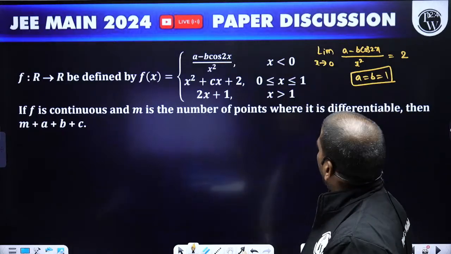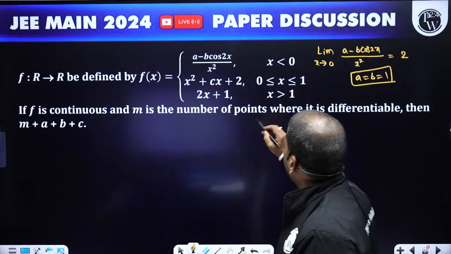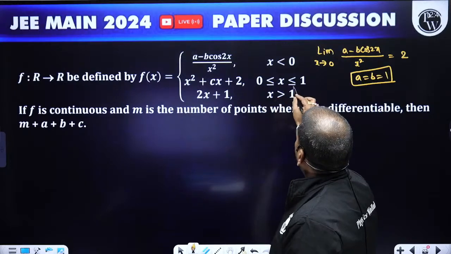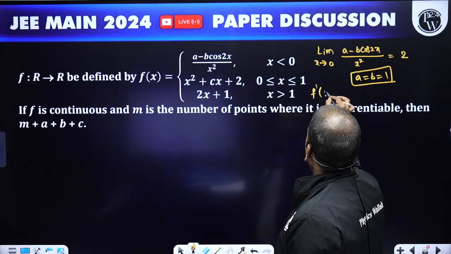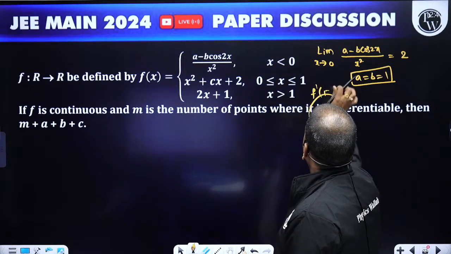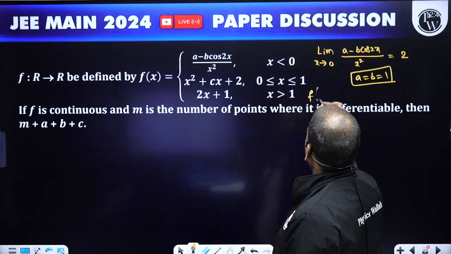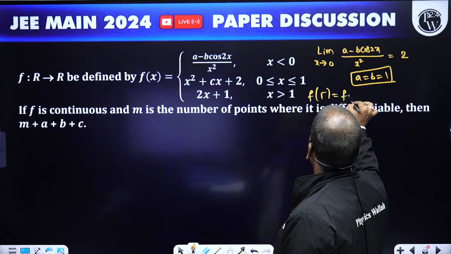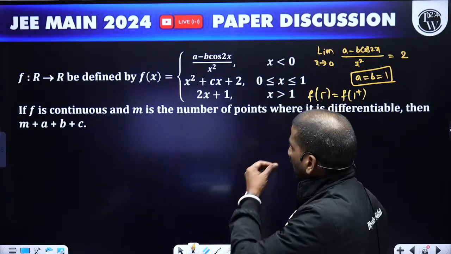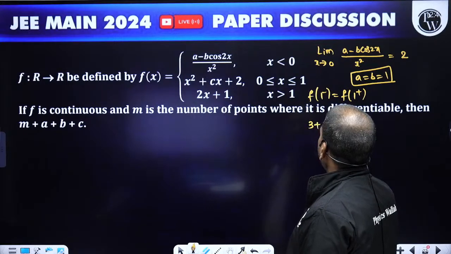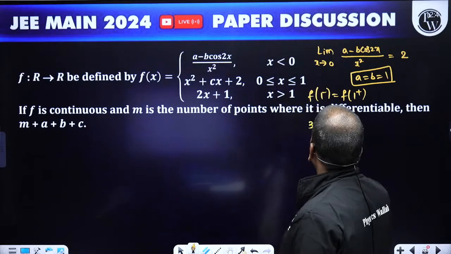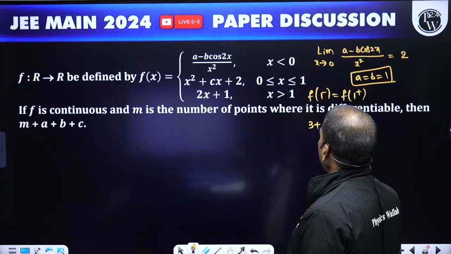Similarly for c, how to find c? At 1 it is continuous. So at 1, f of 1 minus is equal to f of 1 plus. So continuous. 1 plus 1, 3. 3 plus c is equal to 3. c is equal to 0.